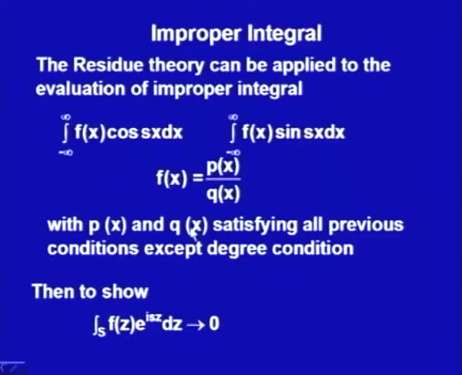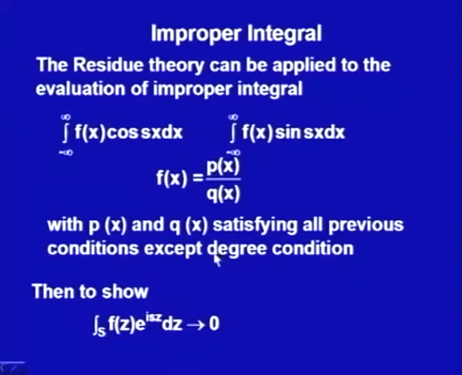Now, assume that this f(x) has all the conditions as such, that is, my denominator does not have a real 0, and moreover p(x) and q(x) are polynomials, it is a rational function, none of them have a common factor, but the only condition is that p(x) and q(x) do not satisfy this degree condition, that is, the difference between the degree of denominator and numerator is not at least 2.